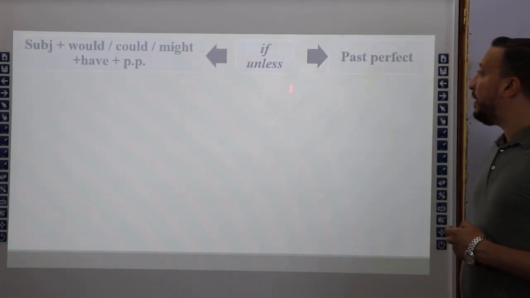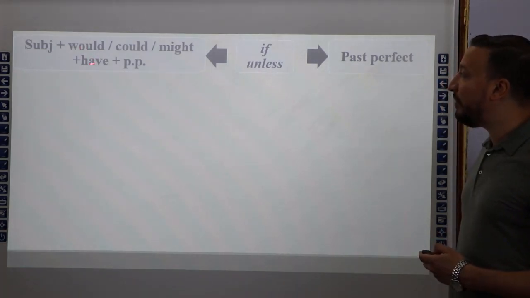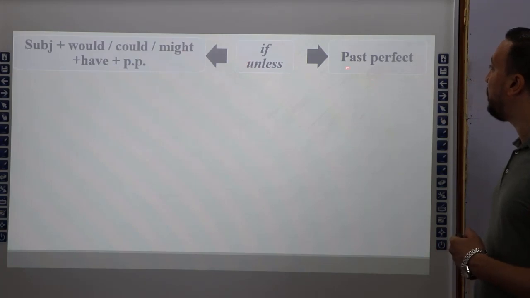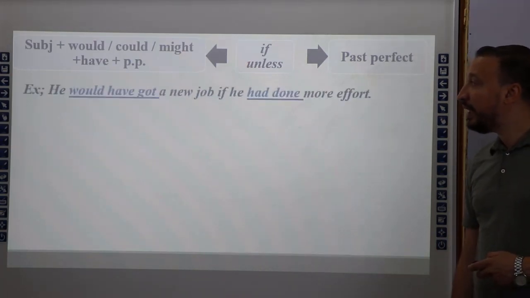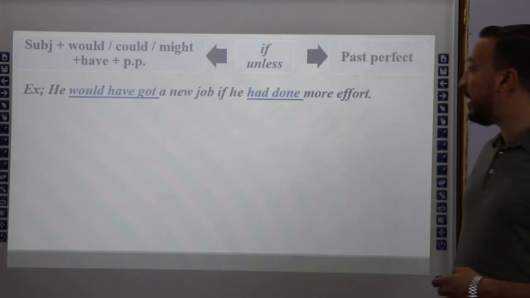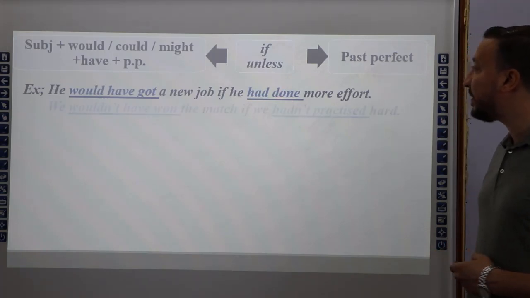If or unless in the middle of two sentences: it is preceded by would have PP and followed by what? By the past perfect. Like, he would have got a new job if he had done more effort. Had done: had plus the third form.